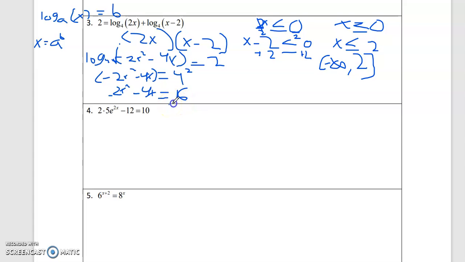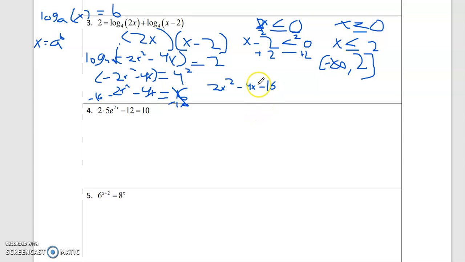We can subtract the 16 from the right side and bring it over here to the left side. So rewriting it a little less sloppy would be to write 2x squared minus 4x minus 16.